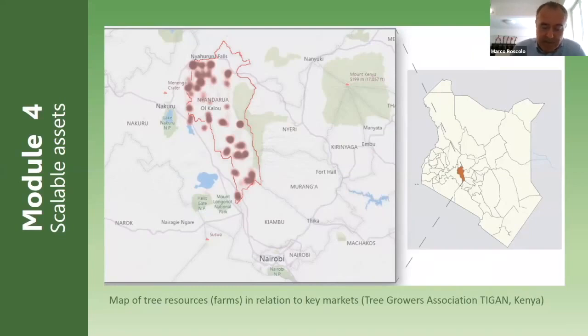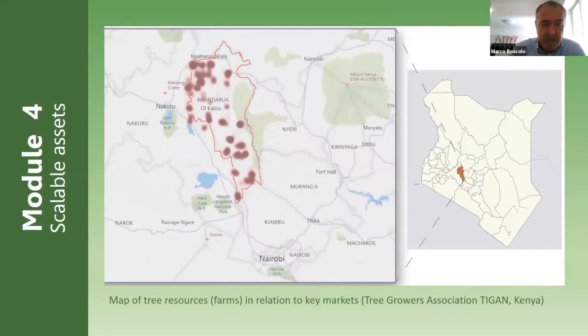And so this module includes a list of information that is needed for your business in terms of resource availability, in terms of the productivity of the resource, in terms of how the resource is being managed. And it also helps you produce concrete outputs like the one that you see on this slide.